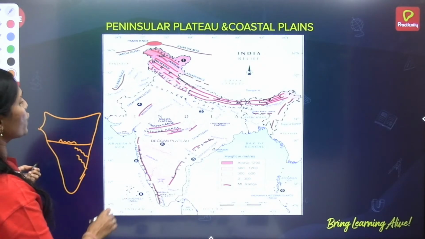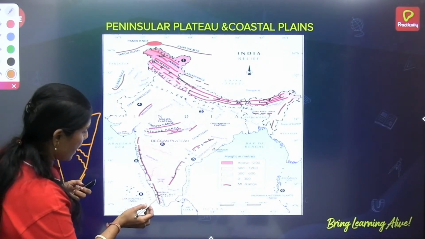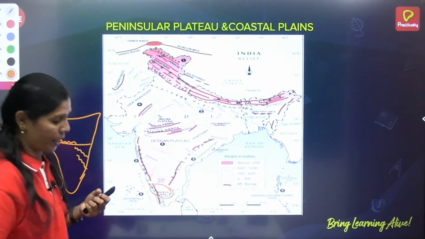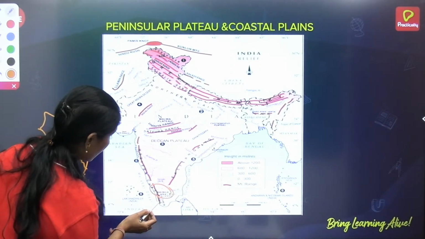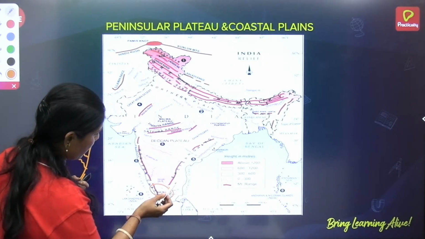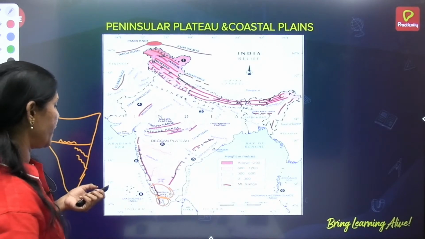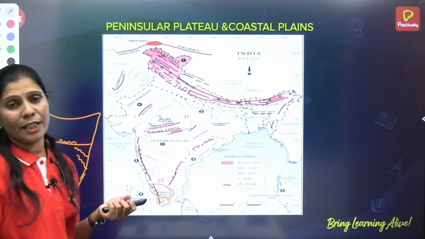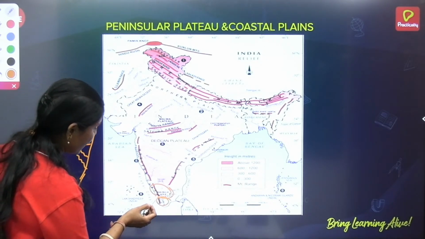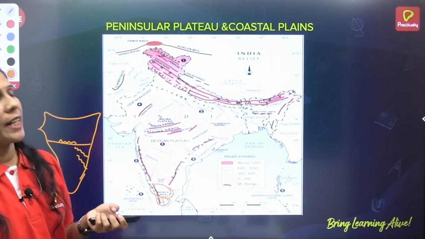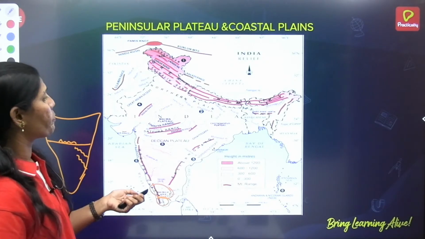So this is about plateau regions, and one important question is the highest peaks, and that is Anamudi and Doddabetta. These are the highest peaks in South India in the Ghats sections. In the Nilgiris, Doddabetta, and in the Western Ghats, if the question comes, Anamudi overall.